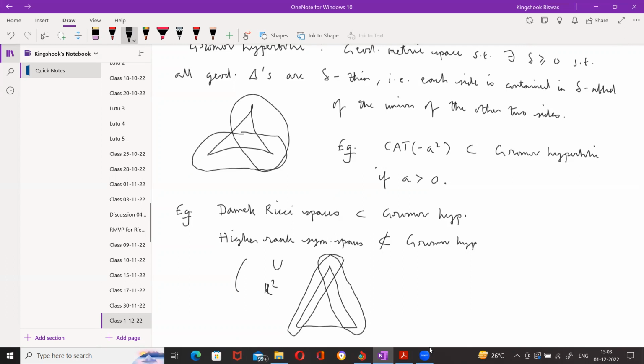That's what it means to be convex, right? So if it's a convex copy of R2 sitting inside your space, then these geodesic triangles in R2 are also geodesic triangles in the whole space. And then this Gromov hyperbolicity will fail.